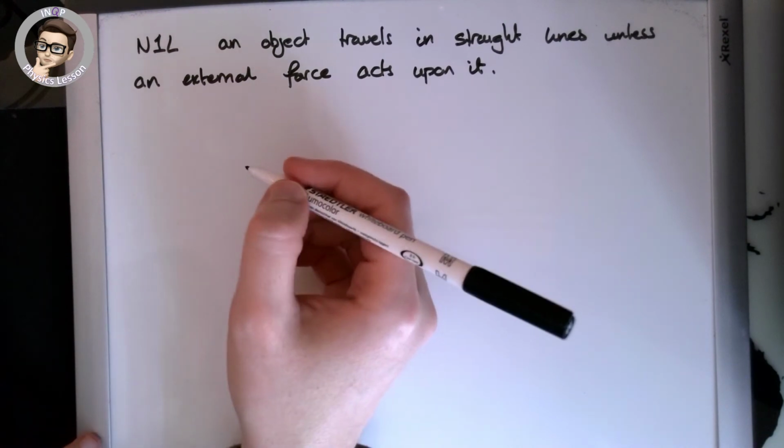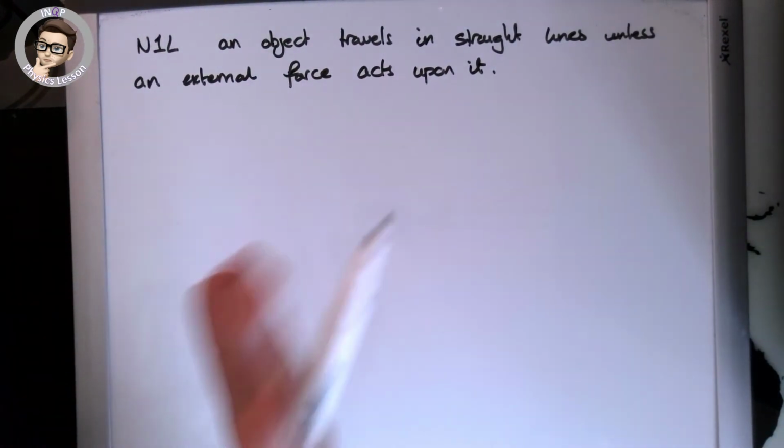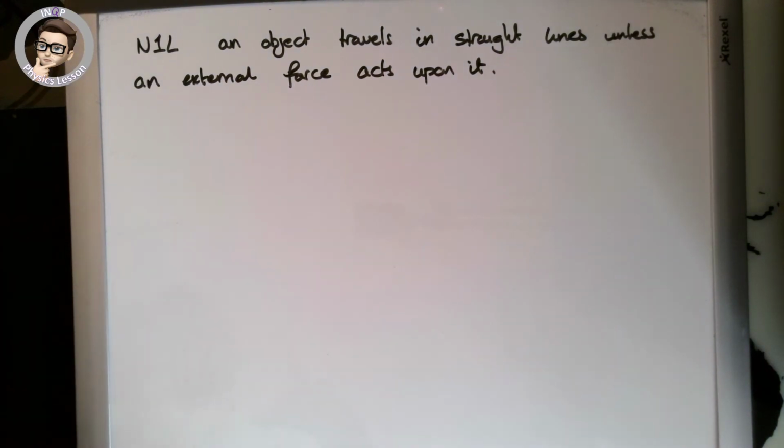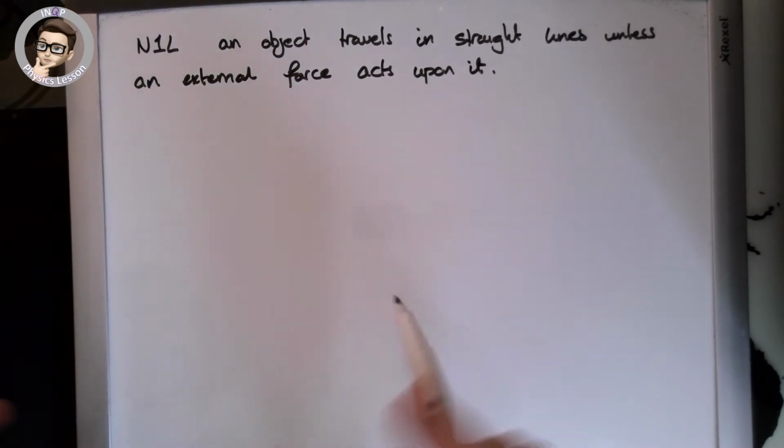So let's consider what we've talked about. Well, we've talked about this idea that things move around in a circle and they're changing direction. So the implication must be that there is a centripetal force causing it to change direction.